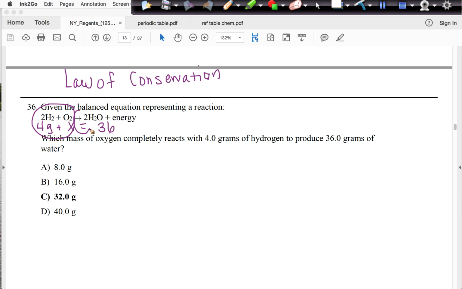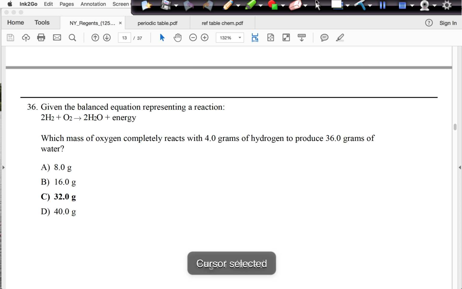Remember, we said that the arrow can also be represented with an equal sign, because for our reactions, our total mass of reactants and our total mass of products have to be equal if we have a complete reaction. So if we do 4 plus x equals 36, x equals 32, because we had to add 4 grams to 32 grams to get a total mass of 36 grams of product.